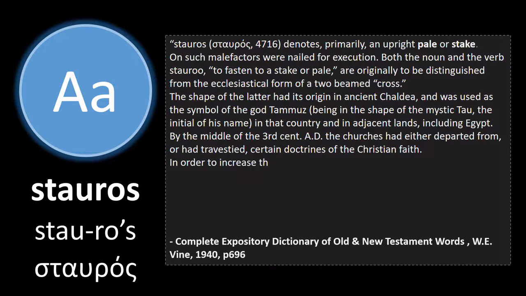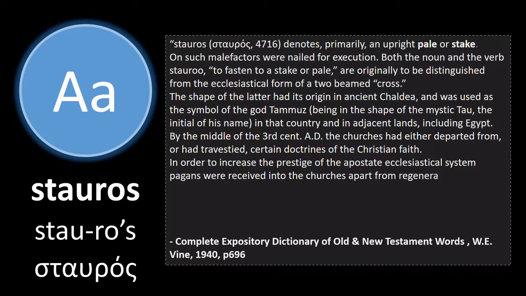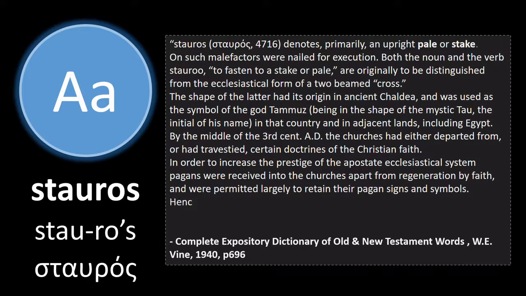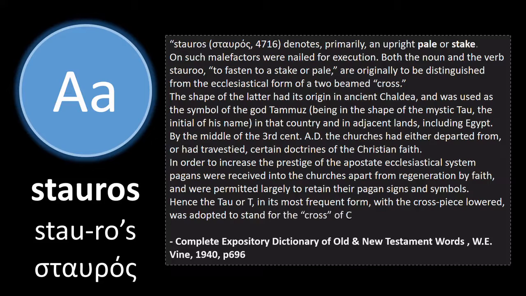In order to increase the prestige of the apostate ecclesiastical system, pagans were received into the churches apart from regeneration by faith, and were permitted largely to retain their pagan signs and symbols. Hence the Tau or T, in its most frequent form, with the crosspiece lowered, was adopted to stand for the cross of Christ. As noted, the origins of the shape of the cross predate Christianity.